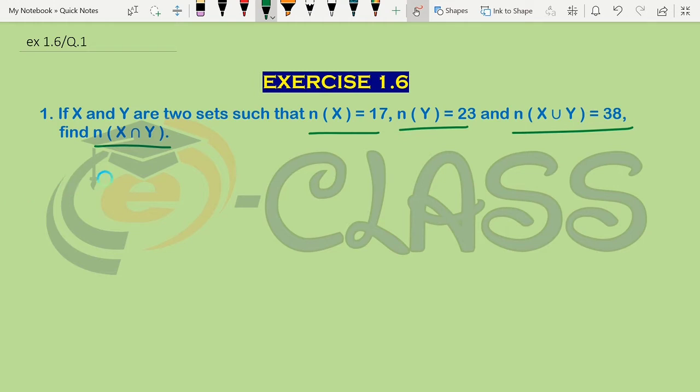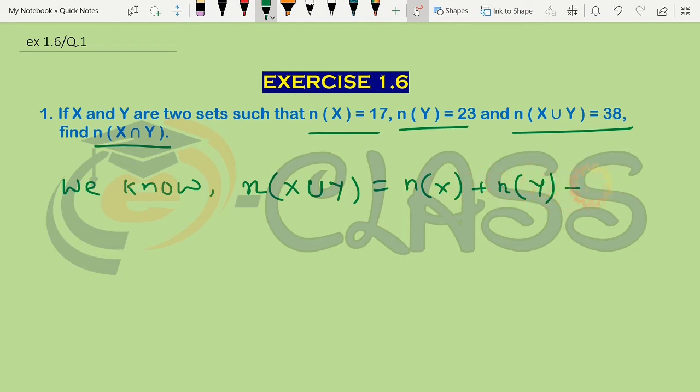Now we know that the number of elements in X union Y equals the number of elements in X plus the number of elements in Y minus the number of elements in X intersection Y. So this is known to us.